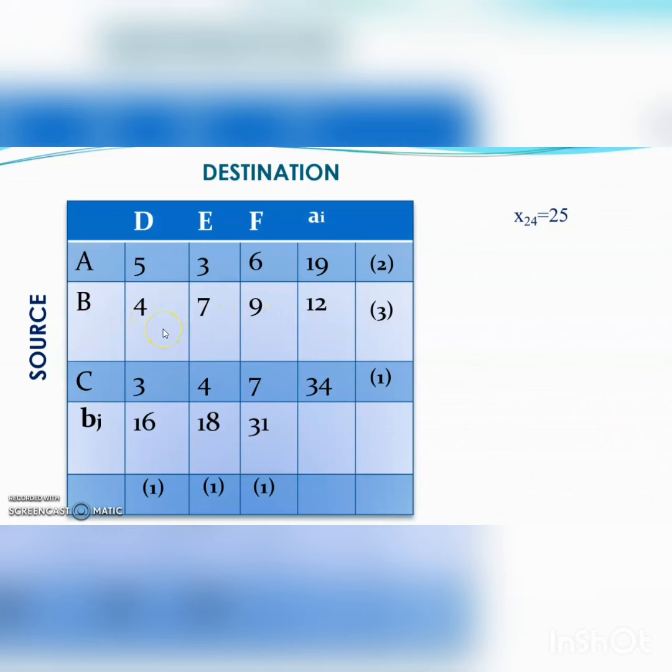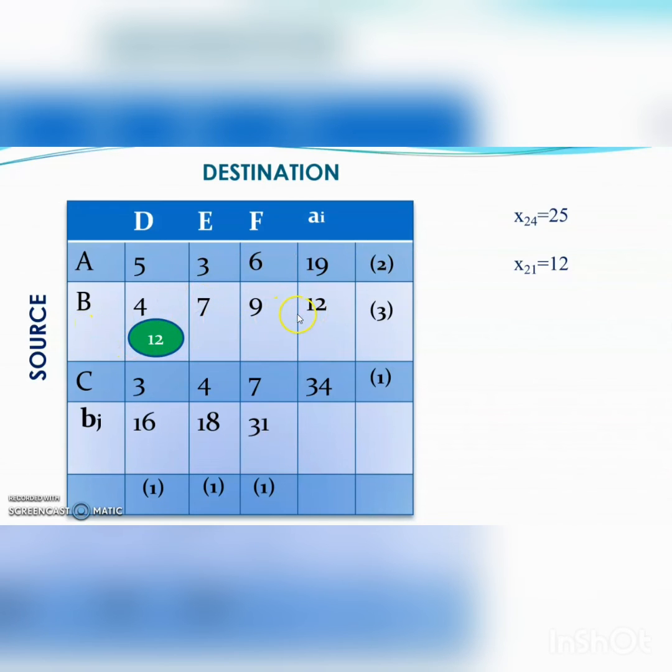And in the second row, the cell 2-1 has minimum cost. So we allocate the minimum of requirement and availability in this cell, and that is 12 units. So x21 is equal to 12.